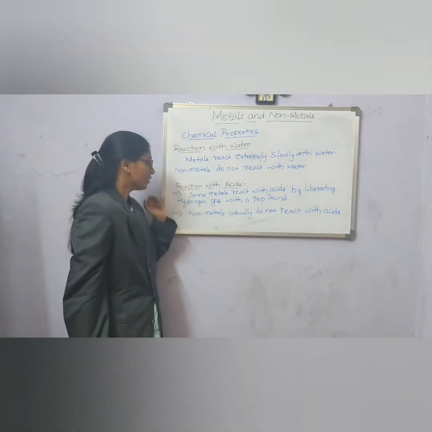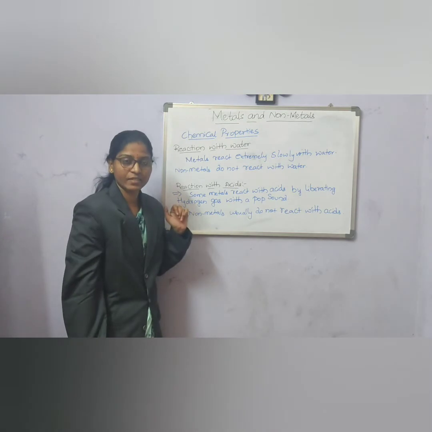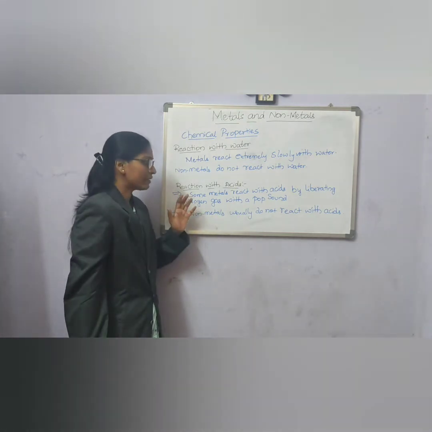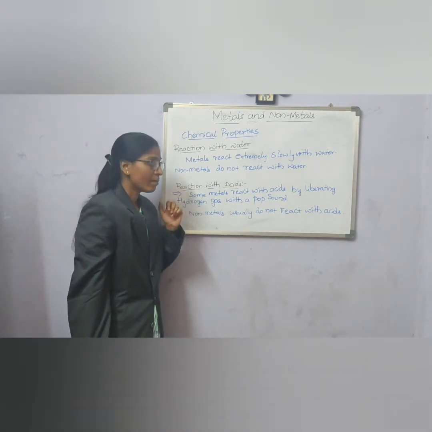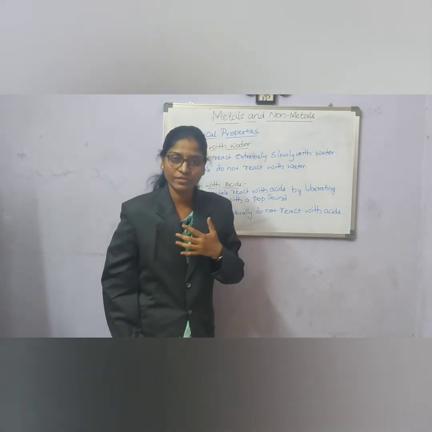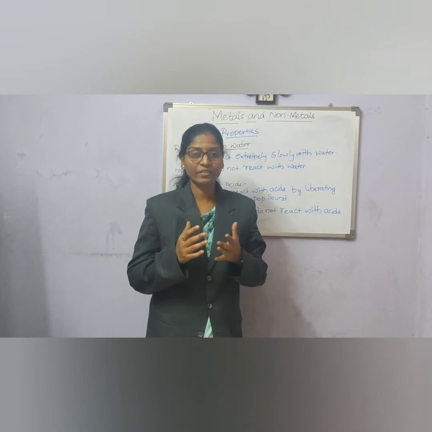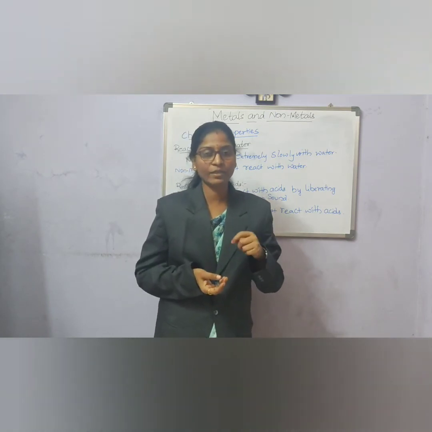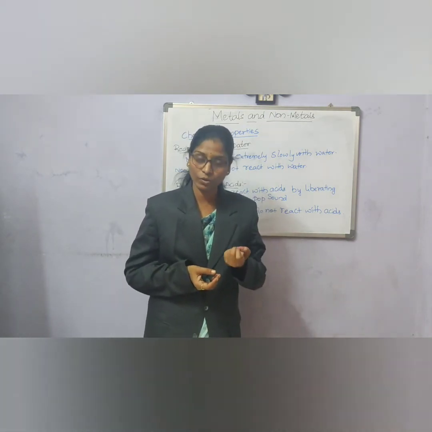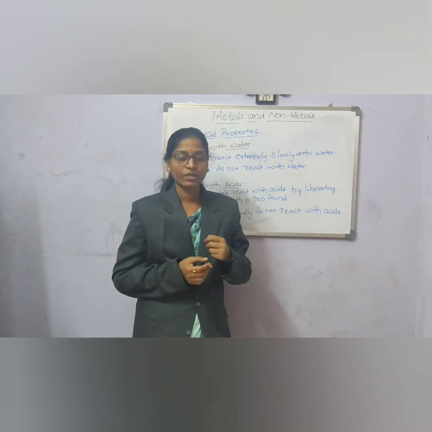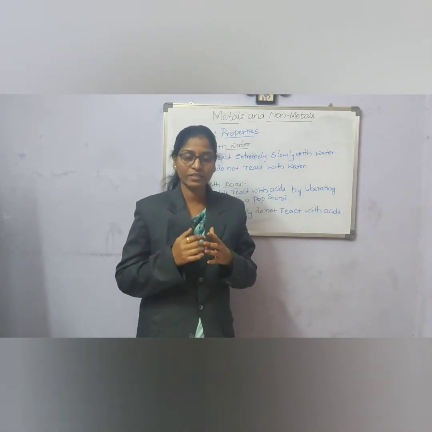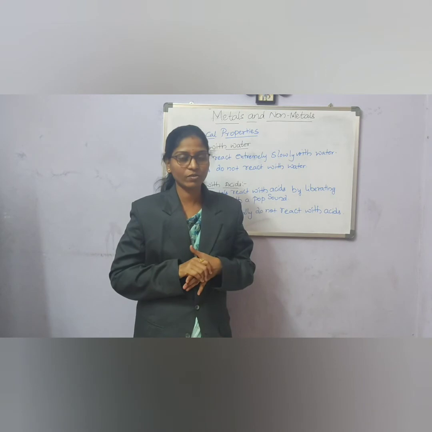Next, the reaction with acids. Some of the metals react with acids by liberating hydrogen gas. For example, you take magnesium and add a little bit of dilute hydrochloric acid to it. If it doesn't show any reaction, then we add concentrated hydrochloric acid.